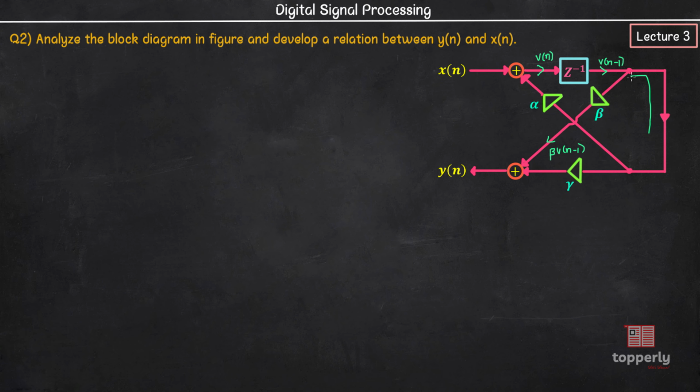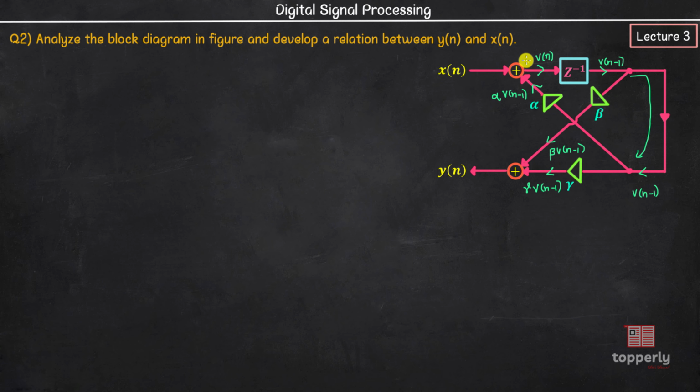Now this signal extends all the way here, so the signal here is also v of n minus 1. Therefore the signal here will be alpha times v of n minus 1, and similarly the signal here will be gamma times v of n minus 1.